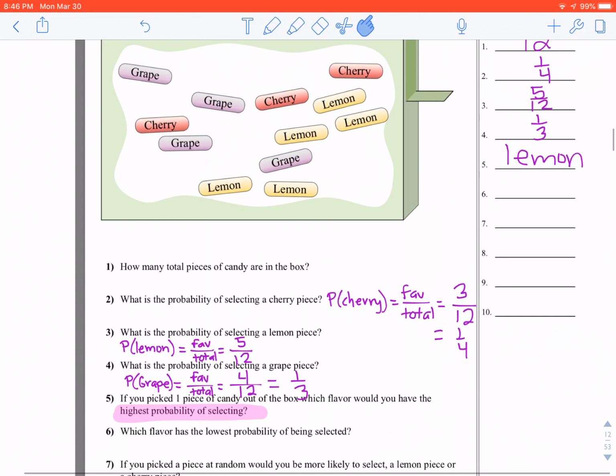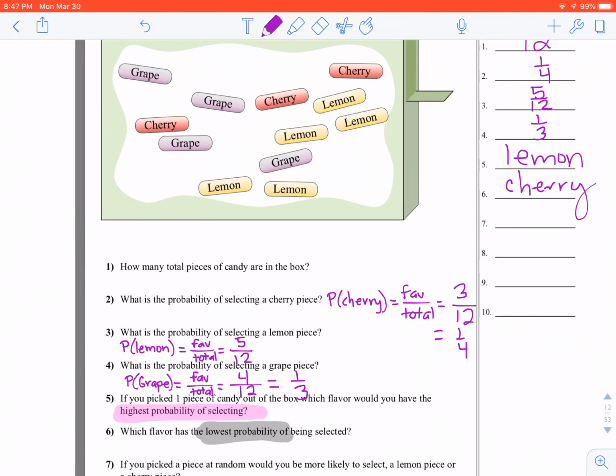Number 6, what flavor has the lowest probability of being selected? Whenever it's the lowest probability, it's the one that occurs least often. So the candy bar up there that appears the least is the cherry. There's only 3 bars of cherry up there, so that one has our lowest probability. You can also look at the percents and compare them.